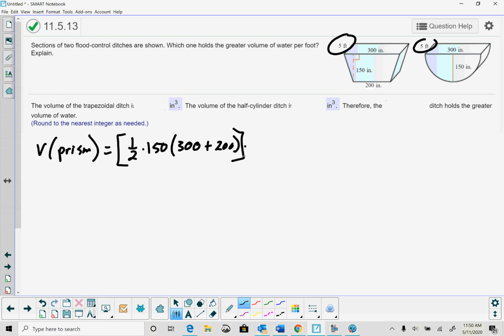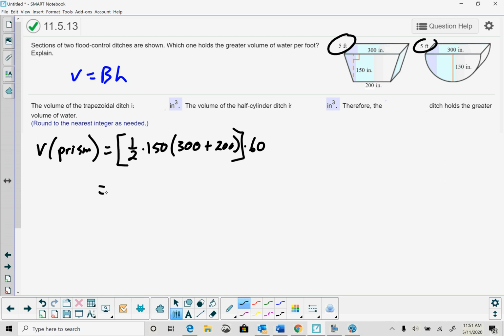So it'll give us area of the base. And then we have to multiply it by the height. Again, for volume here, area of the base times the height. The height is that perpendicular distance between the bases, which in this case is 5 feet. But hold on. If these are measured in inches, I can't just multiply it by 5. I've got to convert that. 1 foot is 12 inches. 5 times 12, that's 60 inches.